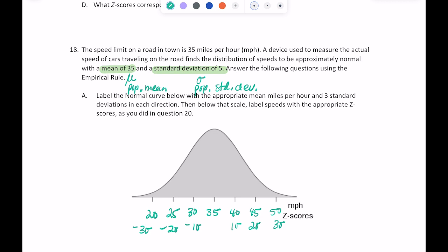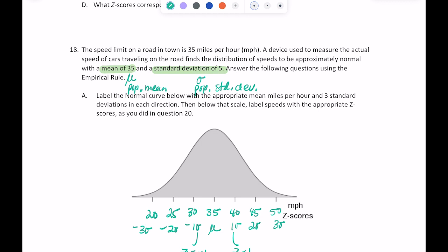By looking at it, I know that my mean is 35, and these are your z-scores. If you're a car traveling 40 miles per hour, you are 1 standard deviation above the average speed. So these represent the z-scores. That would mean z equals 1, and this means z equals -1.